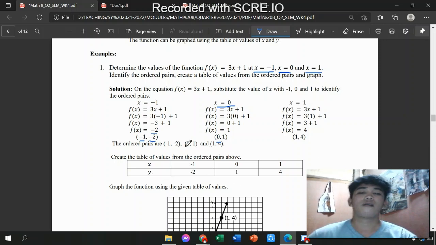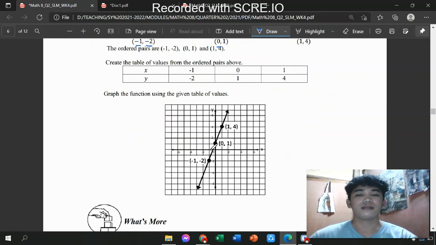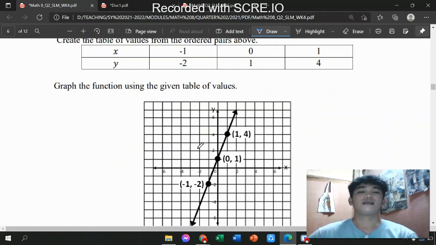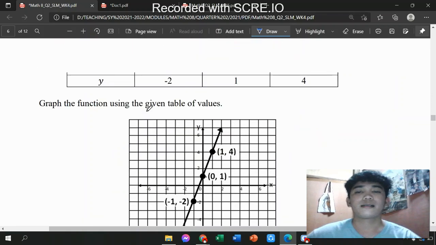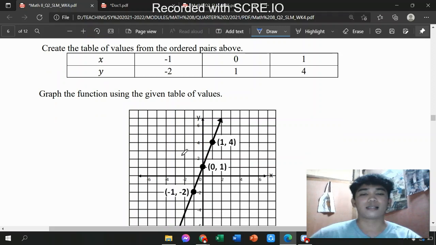From this table of values, we can now create our graph. So nanatay Cartesian plane with our x and y axis. So unahon na nato ang kaning ordered pair. Ang x is -1, ang y is -2. So ari tayo mangita sa x.